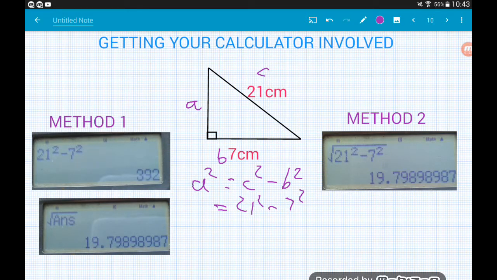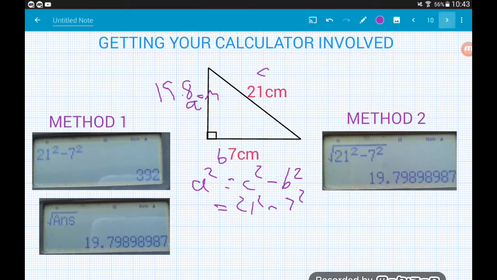So the square root of 21 squared minus 7 squared gives me, again, 19.798, etc. So if we go to one decimal place, then the length of A is going to be 19.8 centimeters. Jobs are good.